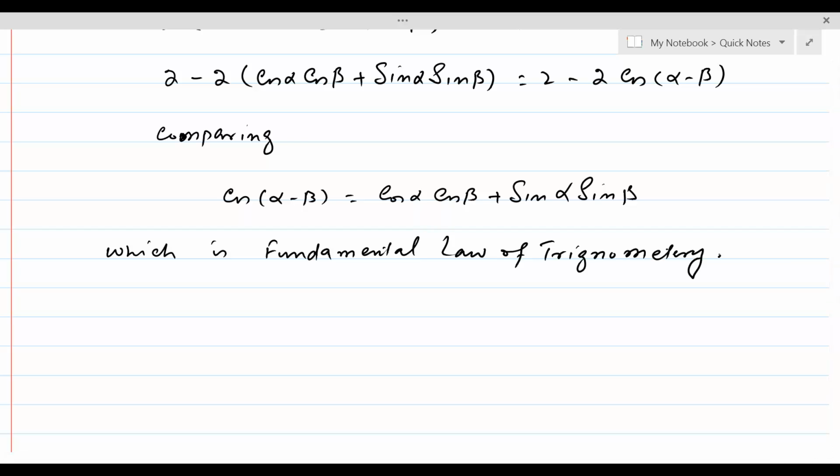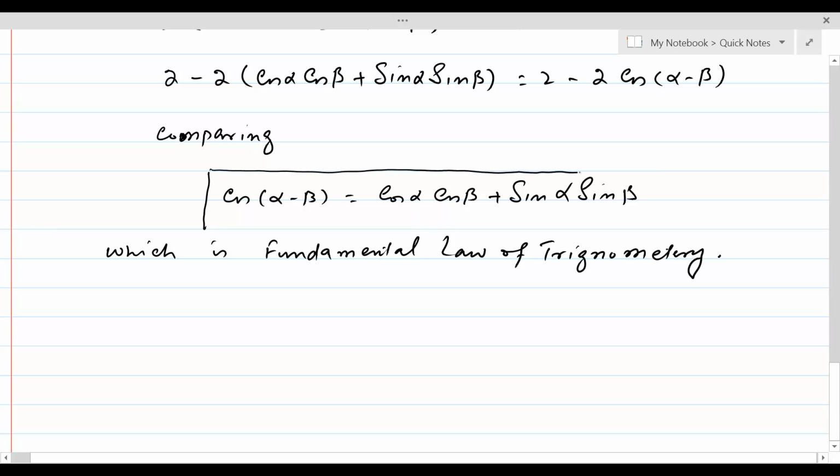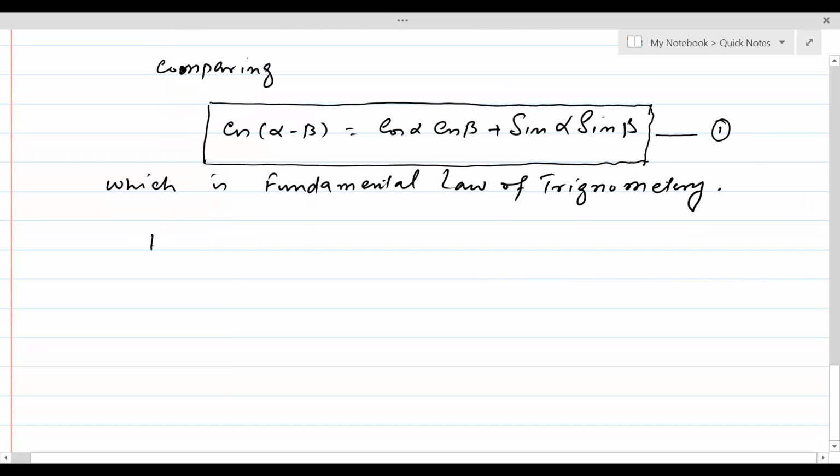So let's consider deriving the second law from this law, and all we have to do is replace beta by minus beta in this fundamental law of trigonometry, and let's call this 1. Replace beta by minus beta.